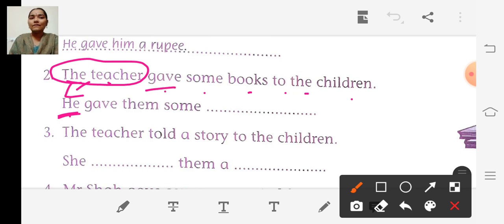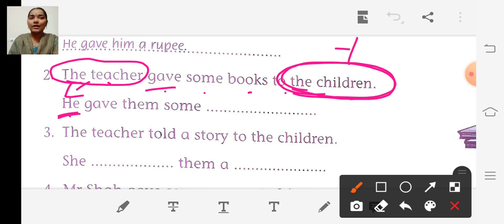He gave to whom? The children, isn't it? The children is plural, so we have to write it as them. He gave them some books.